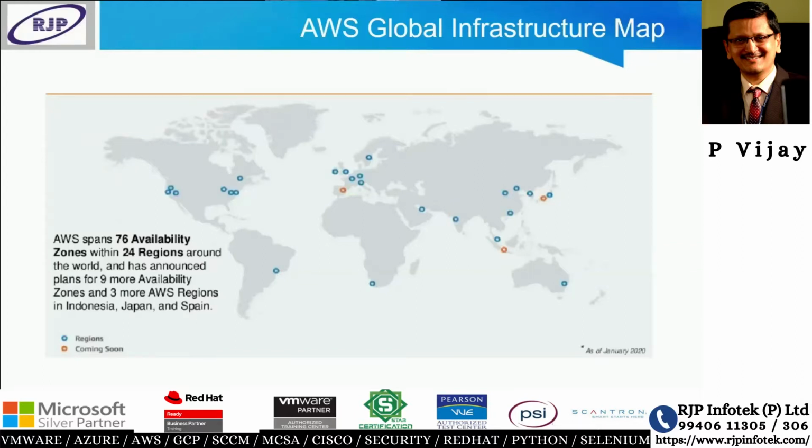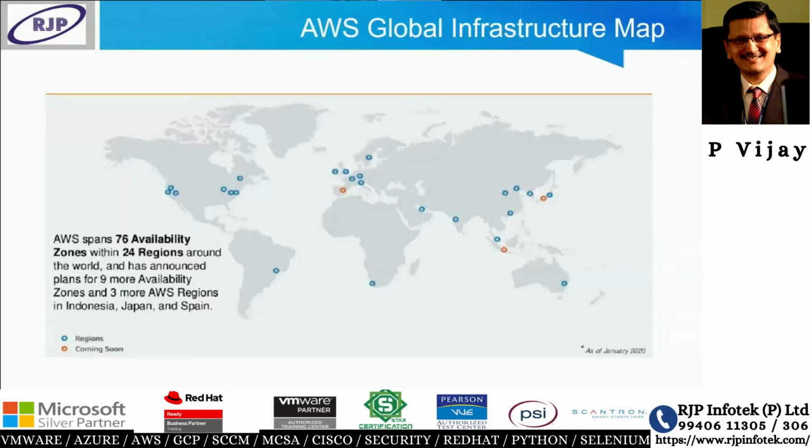But to start the story, let's have a glimpse of how AWS is organized. How many data centers does it have? Where all does it have them? Can some individual match it? So this particular slide gives you a glimpse of the whole story.